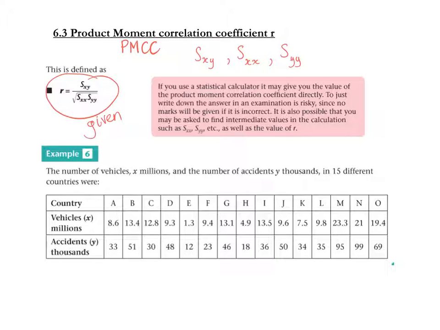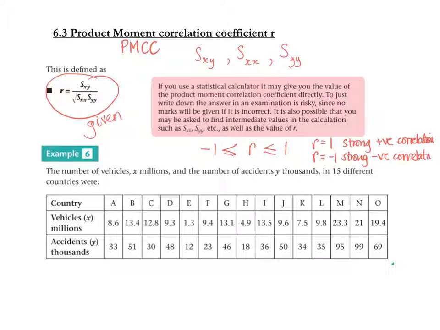And what do we know about this? Well, the value of r lies in between -1 and 1. If r is equal to 1, you've got a strong positive correlation. If r is equal to -1, you've got a strong negative correlation.